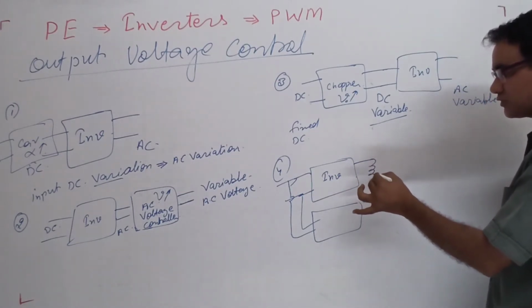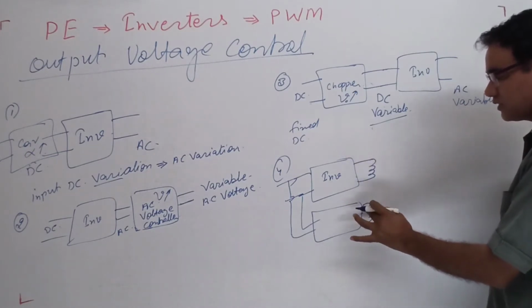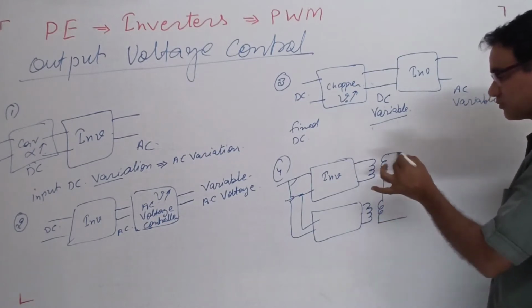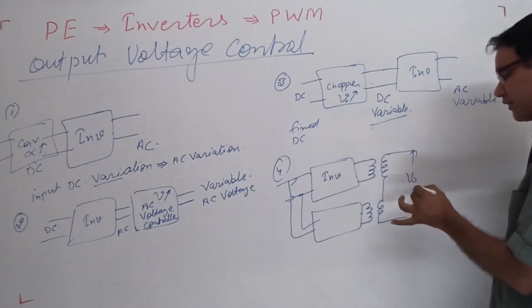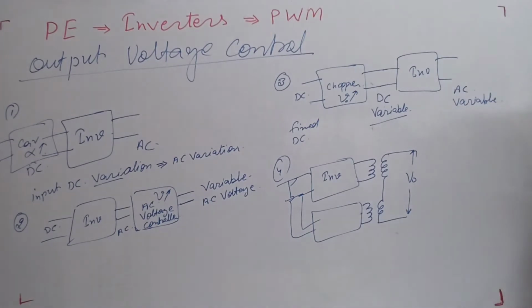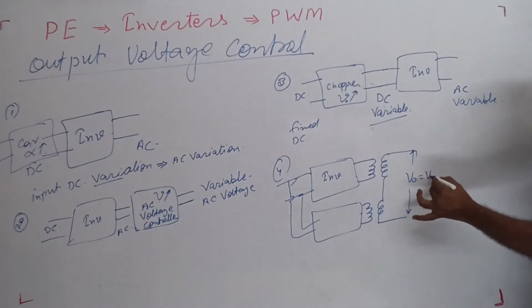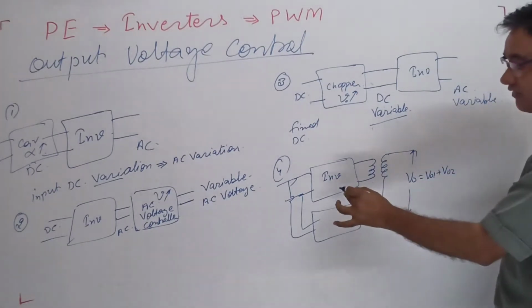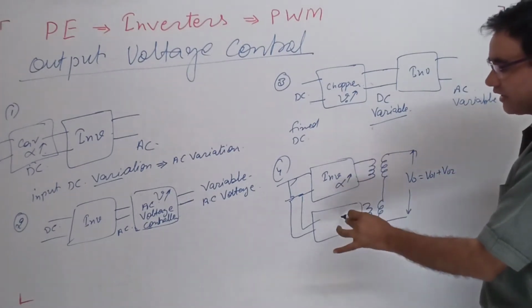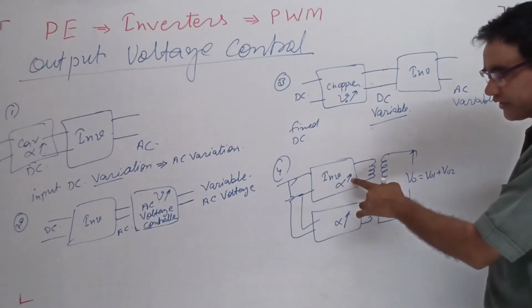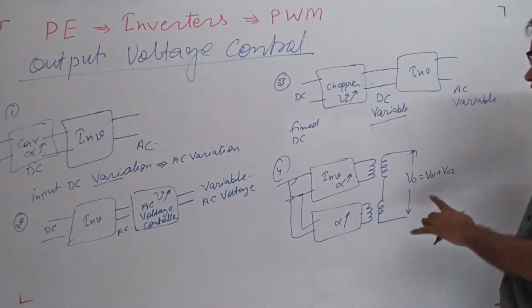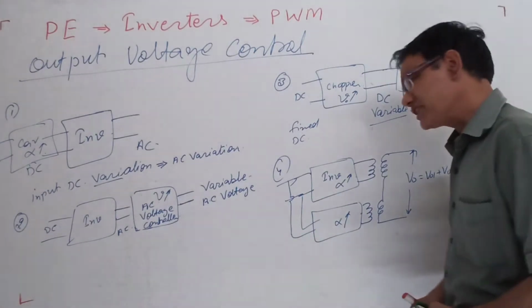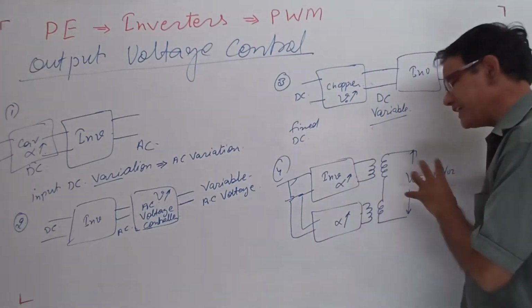So here the one transformer, here the other transformer, and this is connected to one of the windings of the transformer. So this is the output available. This is the way it is V01 plus V02. And by varying the firing control, here alpha and alpha, the controller here and controller here, we can control the output voltage.